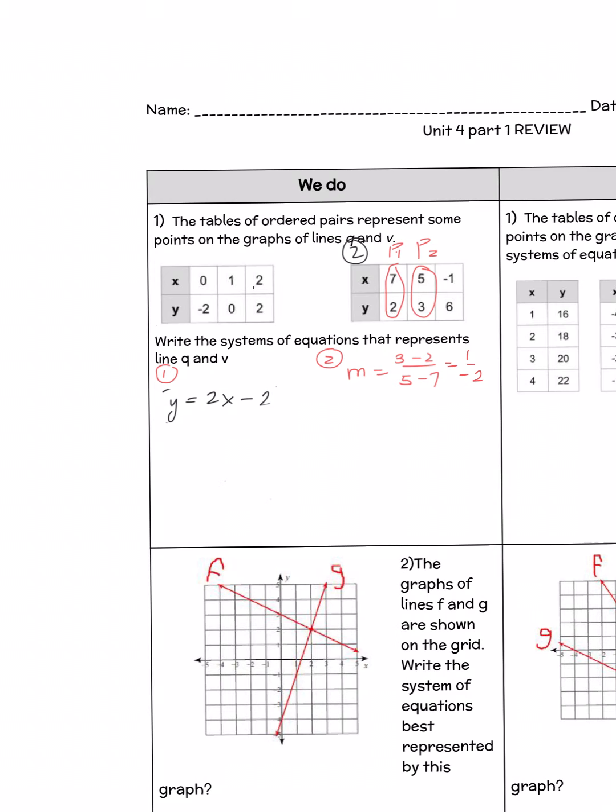Then I have to plug this into the point-slope form. The point-slope form is y minus y1 equal to m times x minus x1.